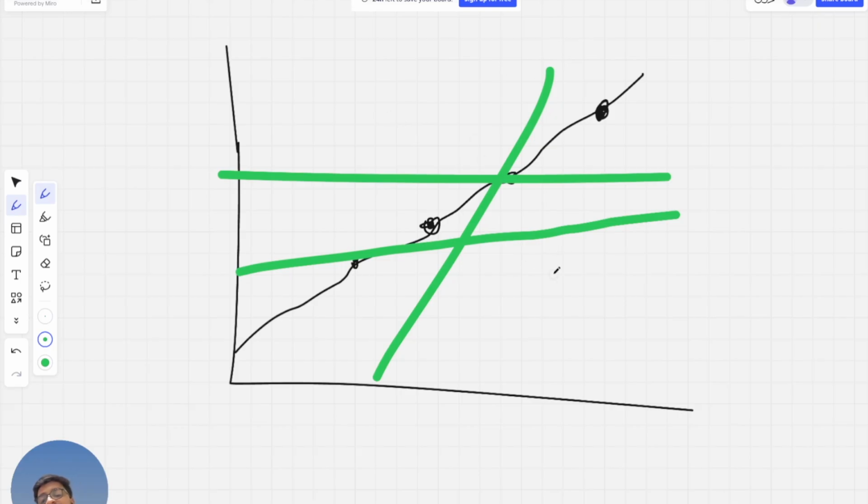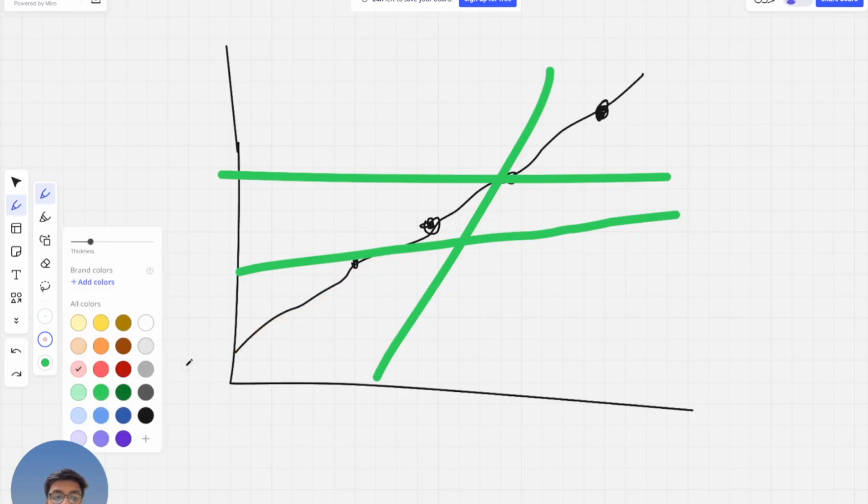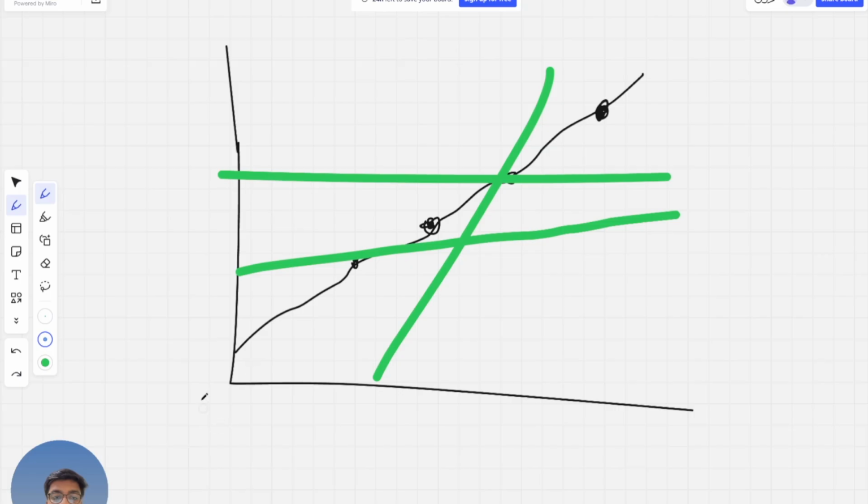This is considered a normal linear regression. But if the line is passing like this, following all of the points and going through them.